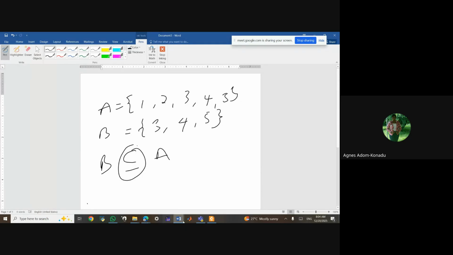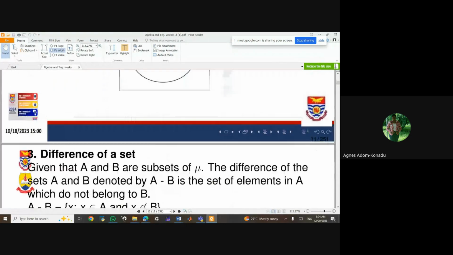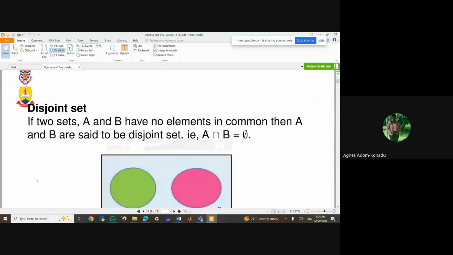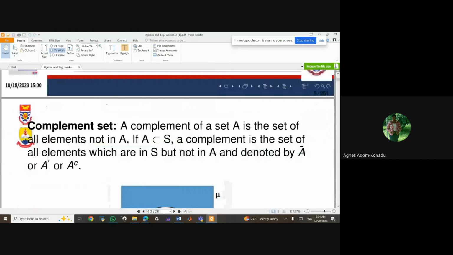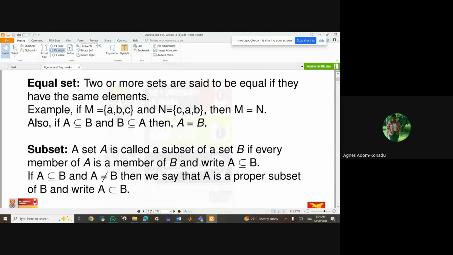The definition says that if A is contained in B and A is not equal to B, then we say that A is a proper subset.